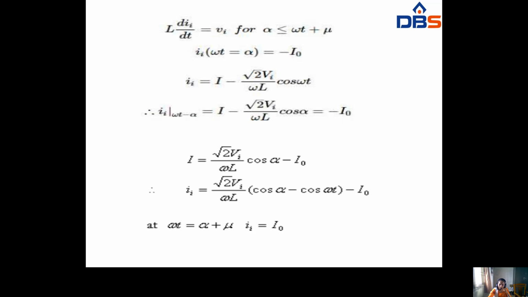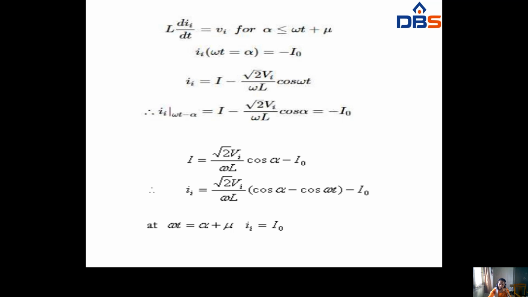Here, the current I at an angle of omega t equal to alpha, I, so capital I minus root 2 Vi by omega L cos alpha, that implies minus I naught.